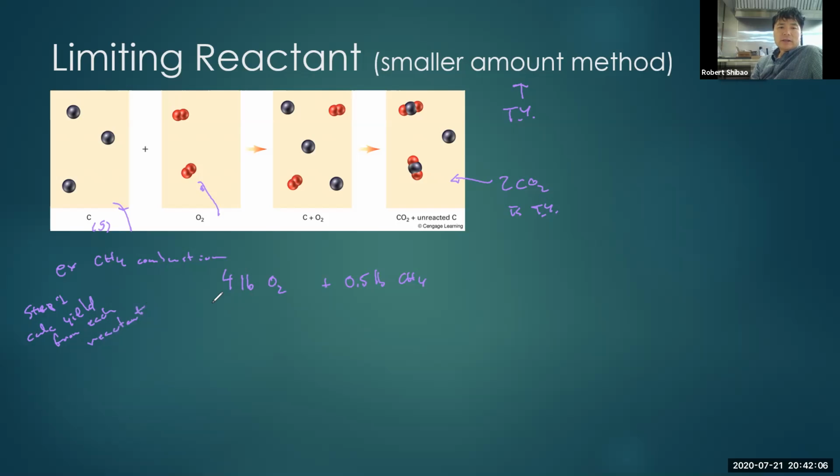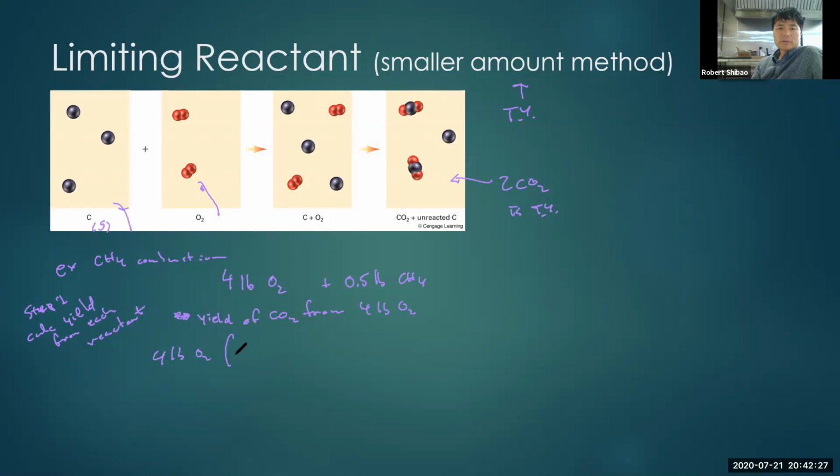And so the first thing is we will calculate the yield from O2. In this case, we'll look at the yield of CO2 from 4 pounds of oxygen. So let's start off with 4 pounds of O2.